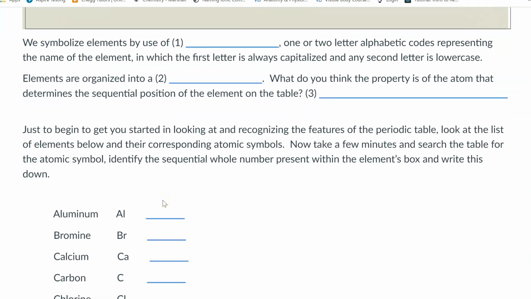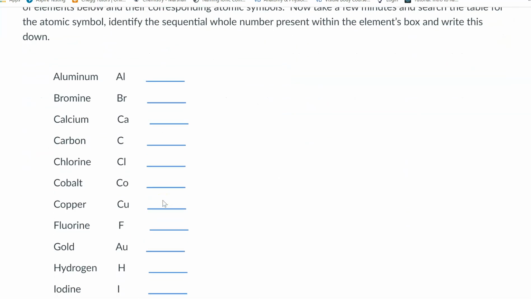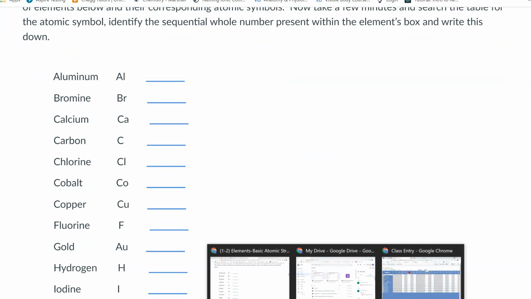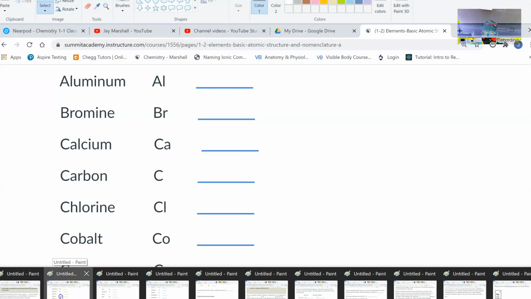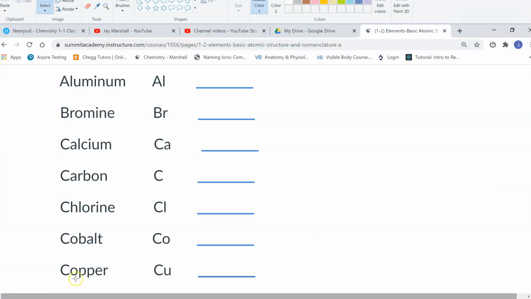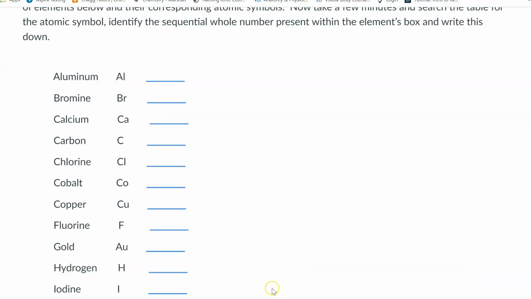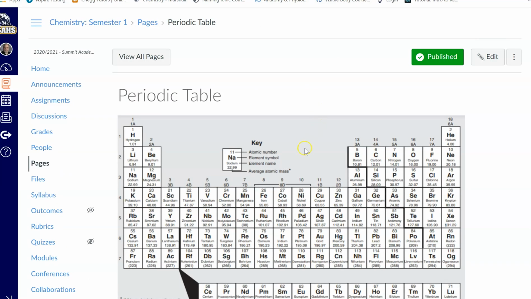Okay, so I'm assuming that you have completed this task. I'm going to go to a page where I can write information down as we walk through this. And let's see if I can find a way to get the periodic table back and forth here. Okay, that should allow me to do that.